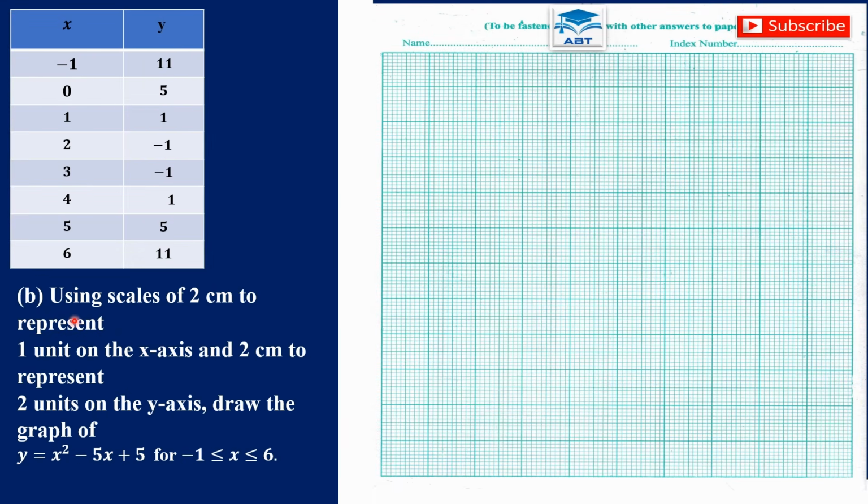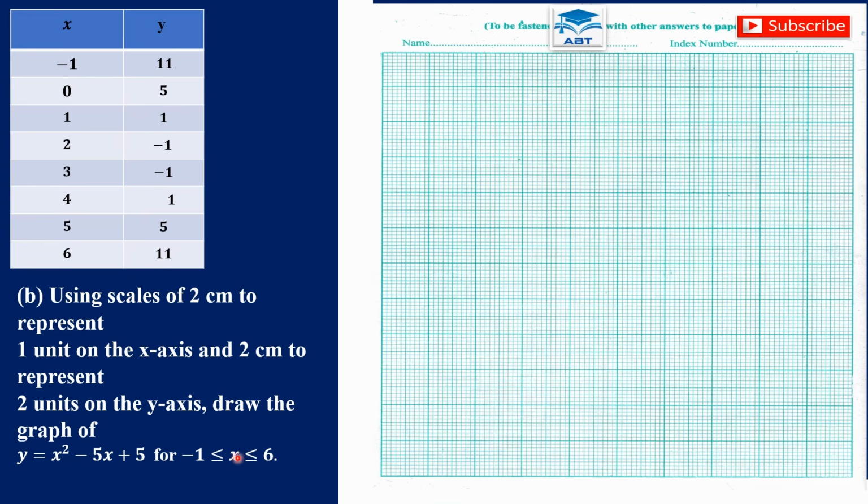B part of the question. Using scales of 2 centimeters to represent 1 unit on the x-axis and 2 centimeters to represent 2 units on the y-axis, draw the graph of y is equal to x squared minus 5x plus 5.